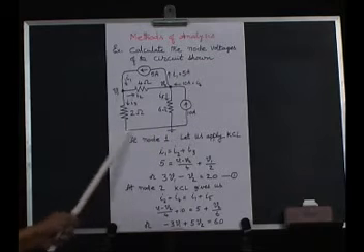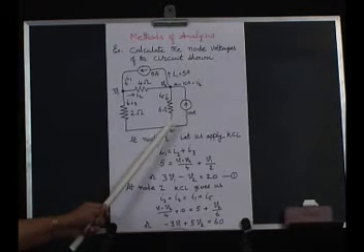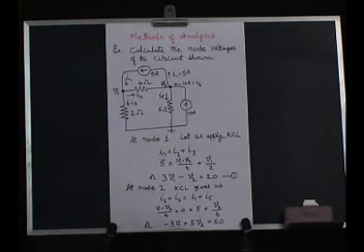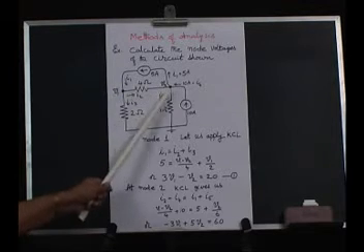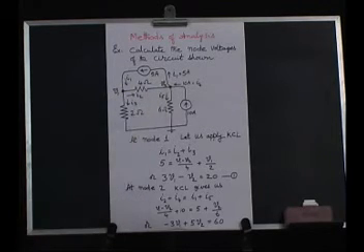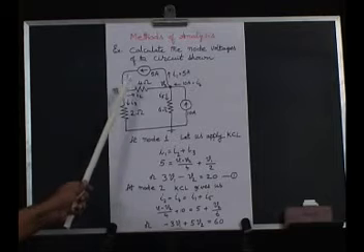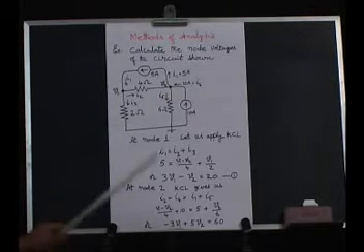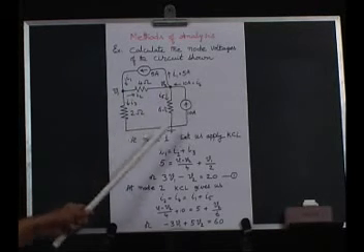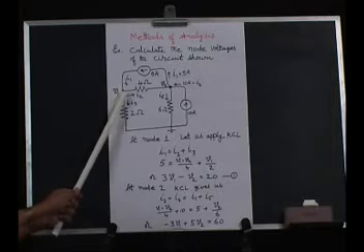Of the three nodes, we have taken this as a reference node or a datum node. And then these two, V1 and V2, are non-reference nodes. So we analyze the circuit by finding V1 and V2.